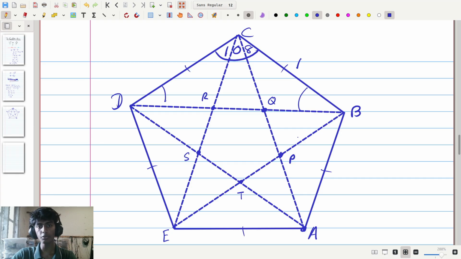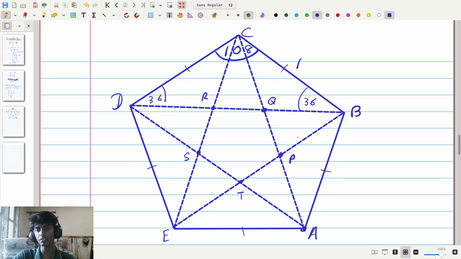The angles left over when we remove this 108 degree angle is 72 degrees. So therefore this 72 needs to be equally divided between this angle here and this angle here. Therefore each of these angles is 72 divided by 2, or 36 degrees. So therefore this is 36 degrees and this is 36 degrees.